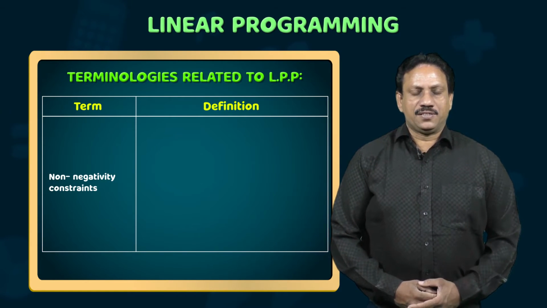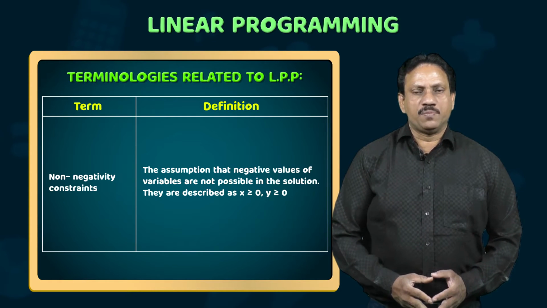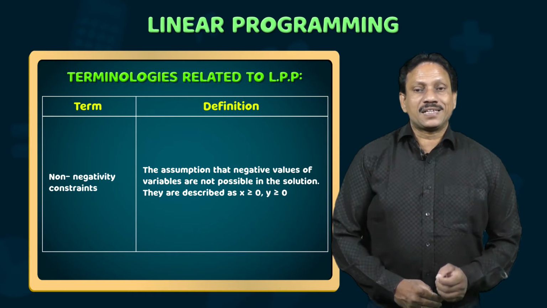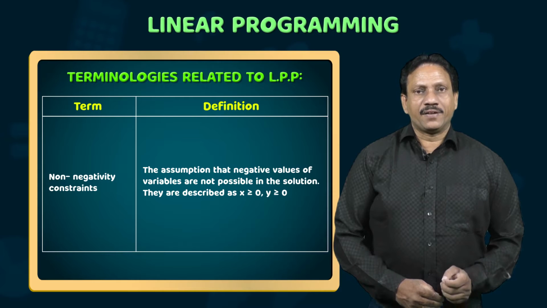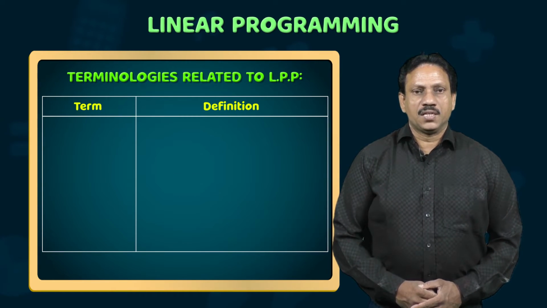Non-negativity constraints: the assumption that negative values of variables are not possible in the solution. So they are described as x greater than or equal to 0, y greater than or equal to 0.